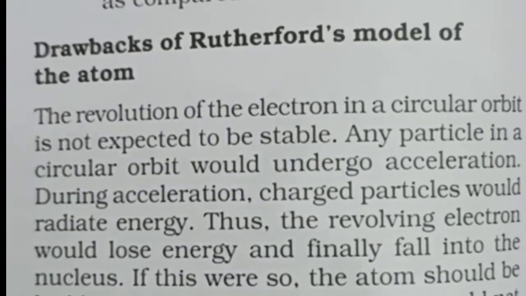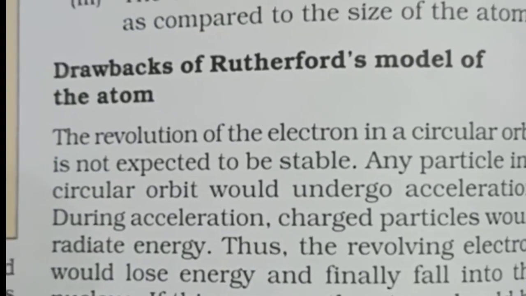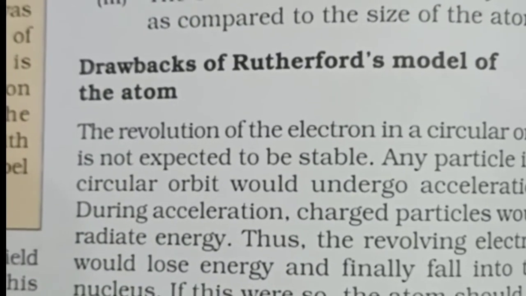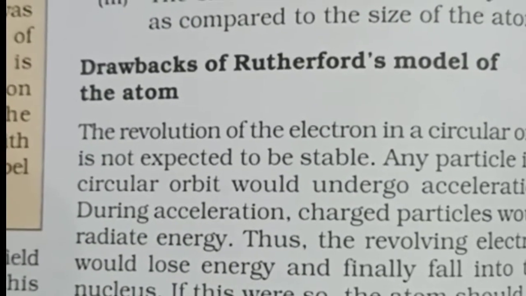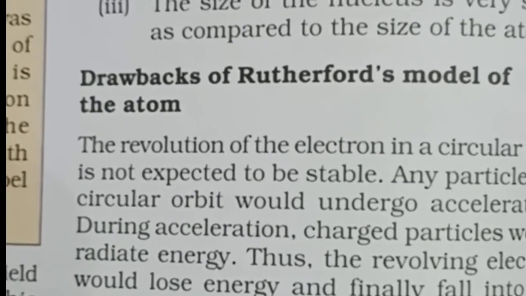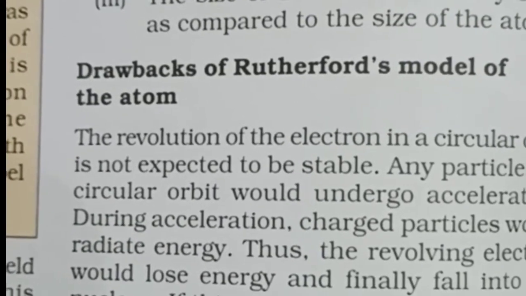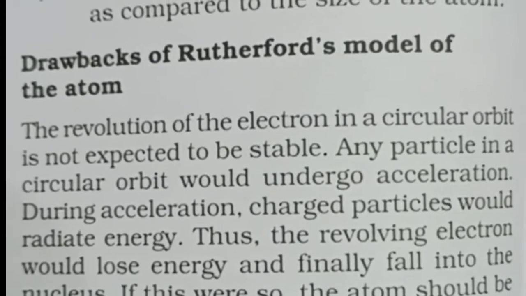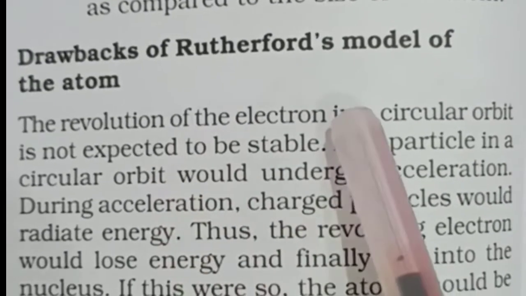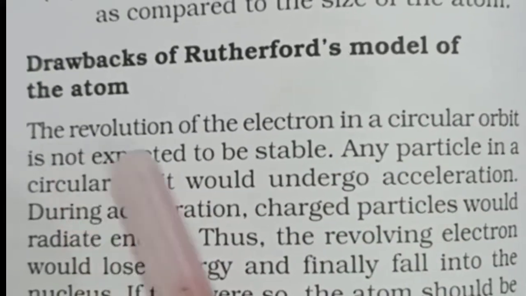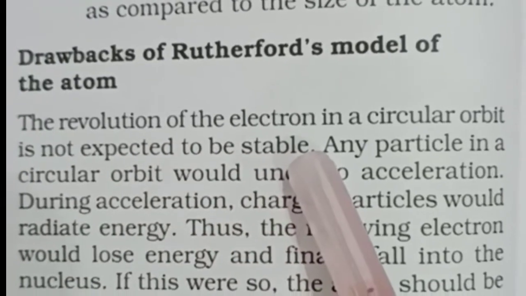So the major drawback was that Rutherford's model of an atom did not explain the stability of the atom. The revolution of the electron in a circular orbit is not expected to be stable.